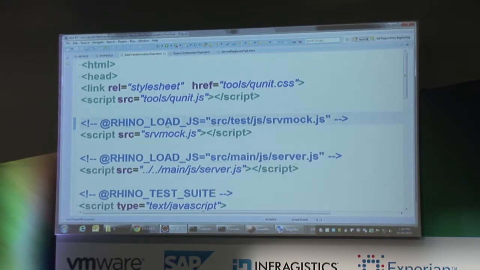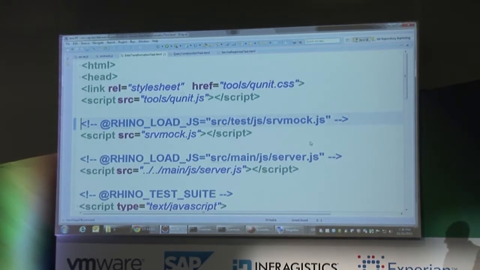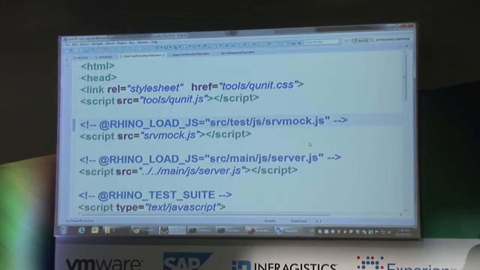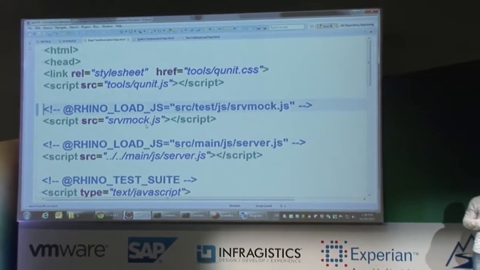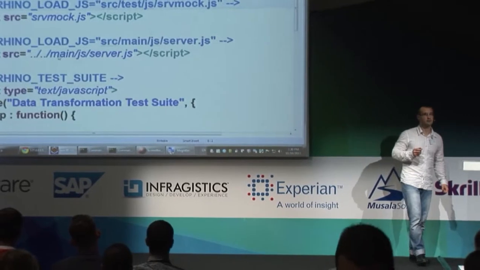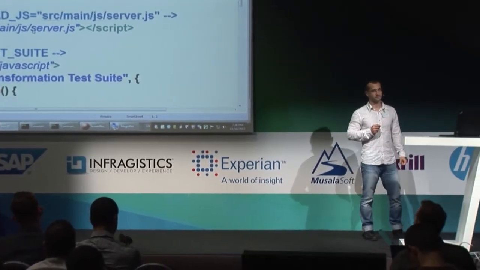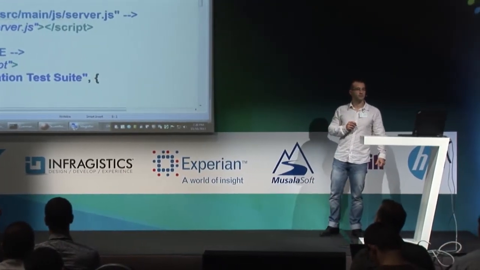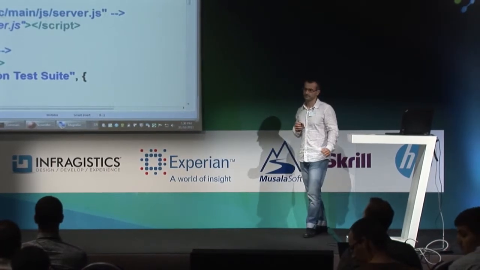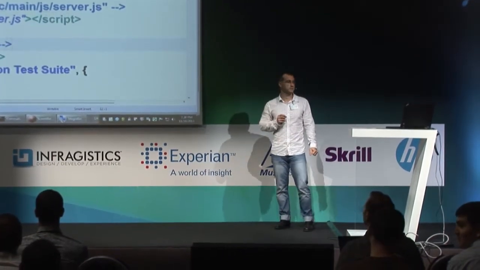That's fine, but we have additional metadata tags like these ones. Rhino load. This is needed for our framework to gather the additional dependencies for our test and to execute them. You may see our mock is here as an additional dependency.